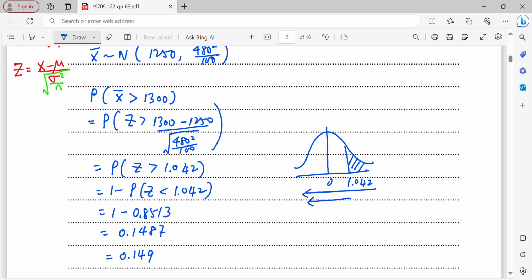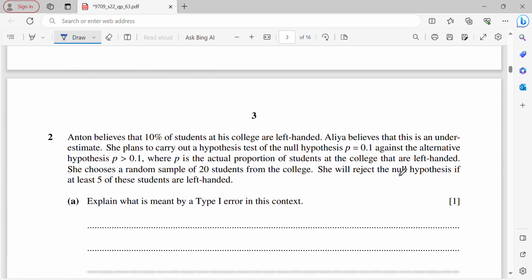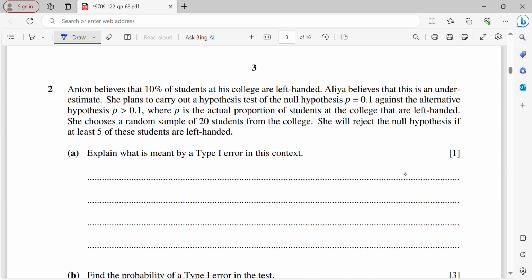Okay, so for question number 2, Anton believes that 10% of the students at his college are left-handed. Aliyah believes that this is an underestimate.